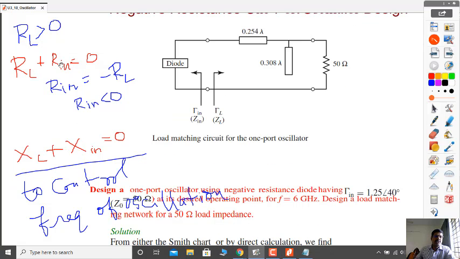So these are the two conditions needed to be satisfied to make the negative resistance device oscillate.